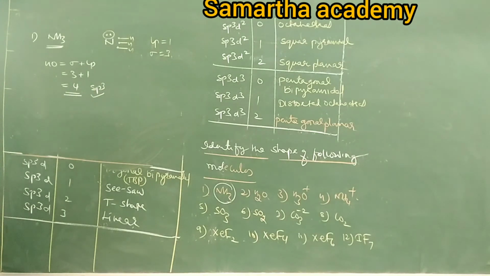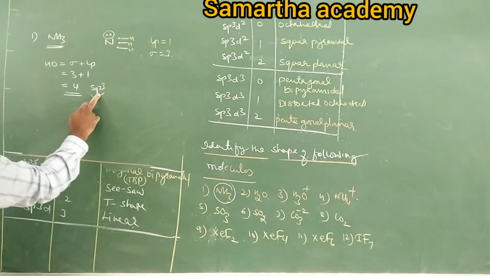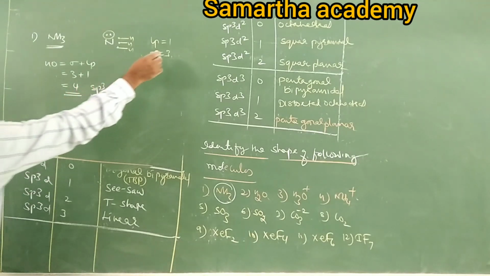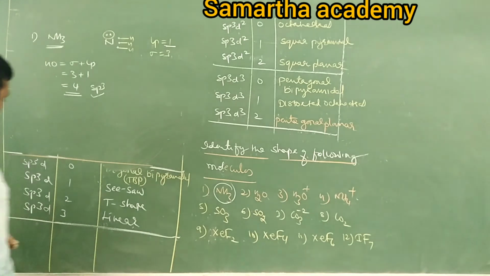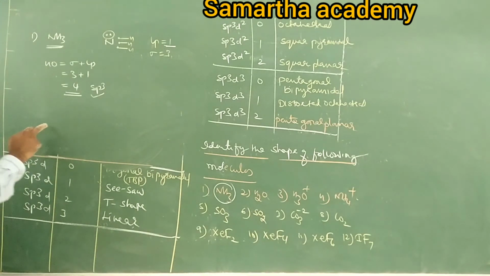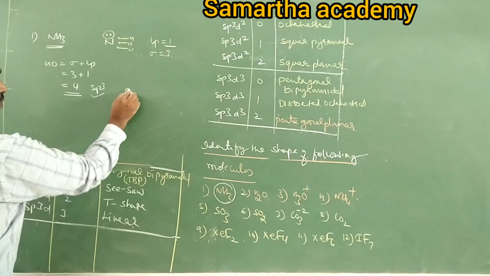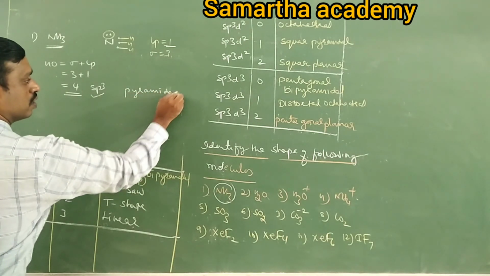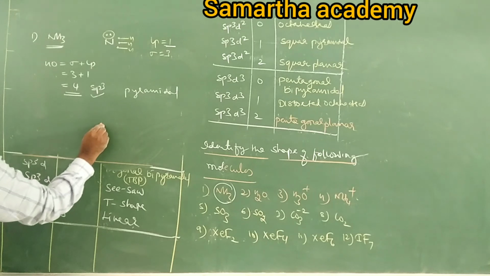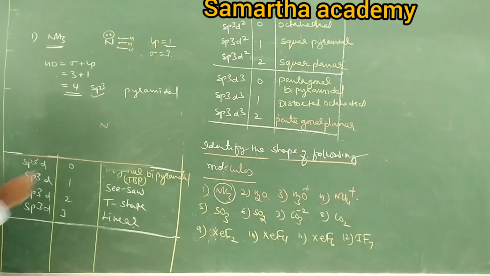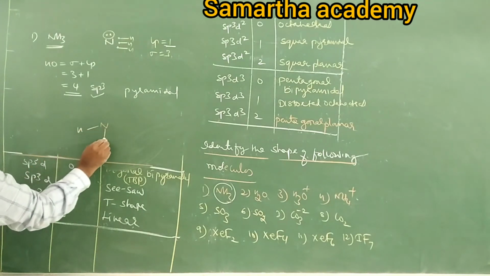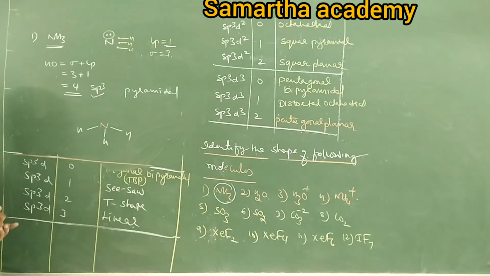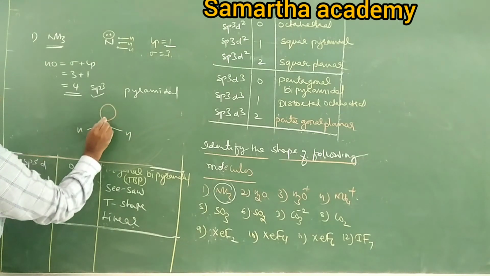But now we want to identify the geometry or shape. So here sp3 hybridization, lone pair is 1. Tell me, sp3 with 1 lone pair, what have we written here? Geometry is pyramidal. So how is it? Nitrogen, the central atom, has 3 bonds like this, and there is 1 lone pair here like this.